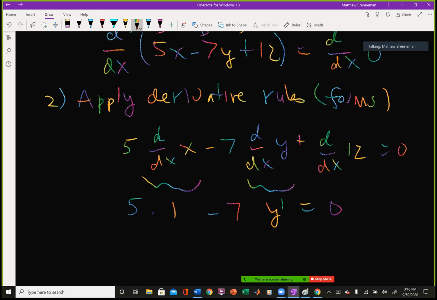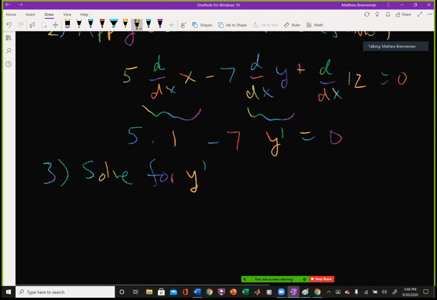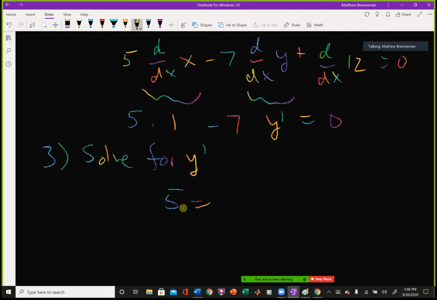And now I'm just going to solve for y prime. So I do my little algebra magic, right? 5 is equal to 7y prime. Even I can do that one. Y prime is 5 over 7. And we're good. Okay?